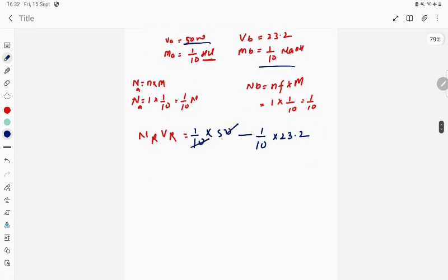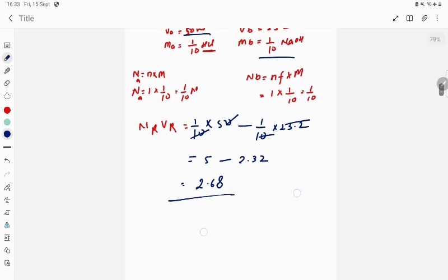Solve it. With 10 and 10 it cancels out, so 5 minus 2.32. Now subtract, student: 5 minus 2.32 is 2.68, right?